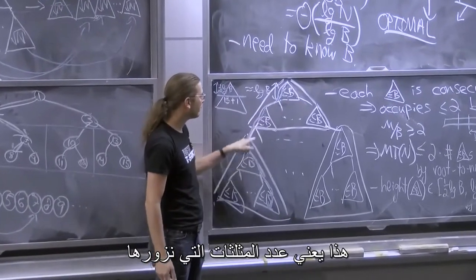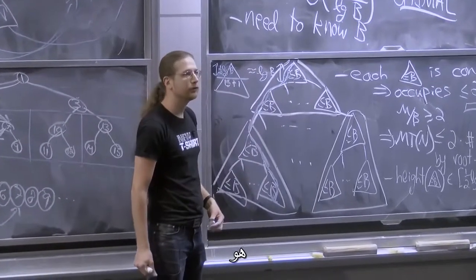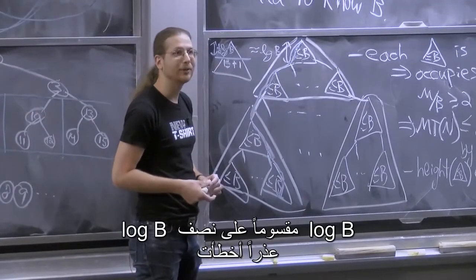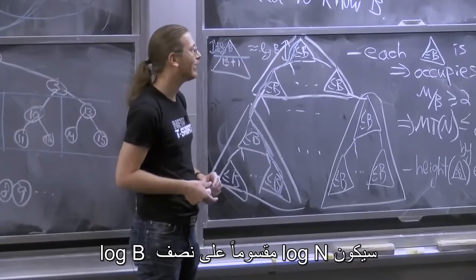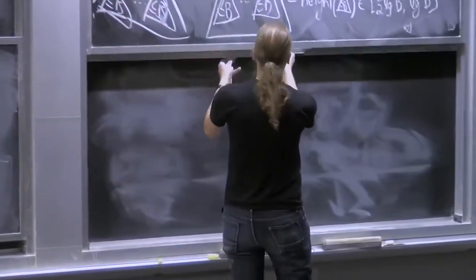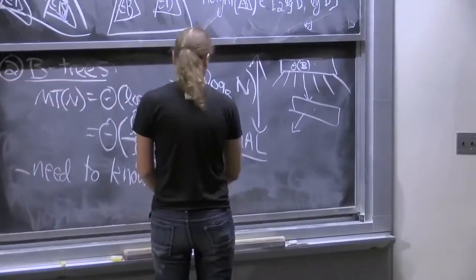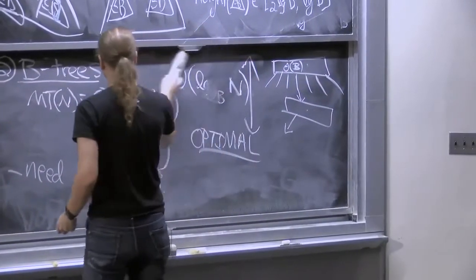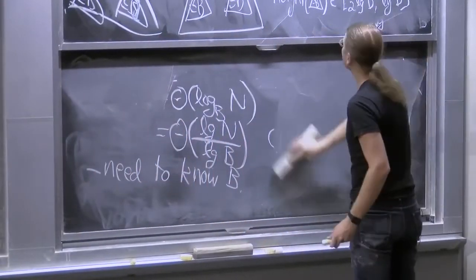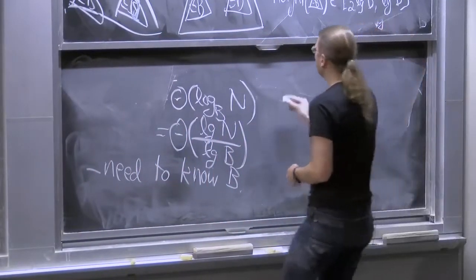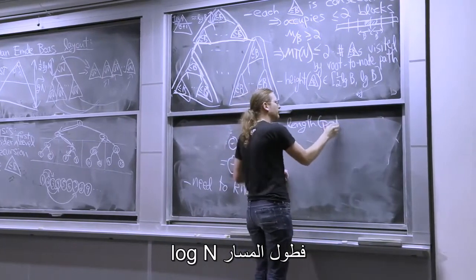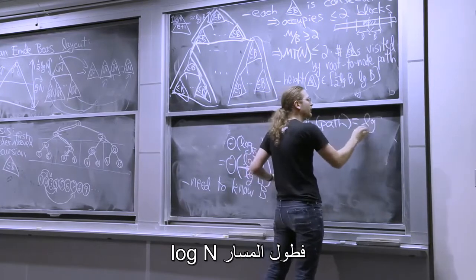That means the number of triangles you visit is log n divided by half log b. And the length of the path is log n.